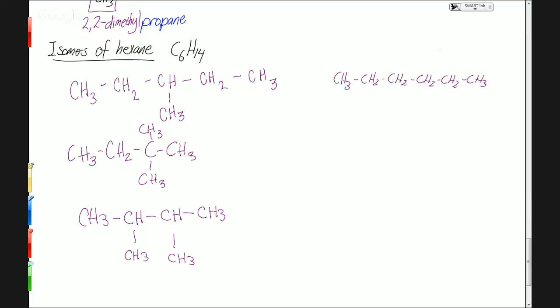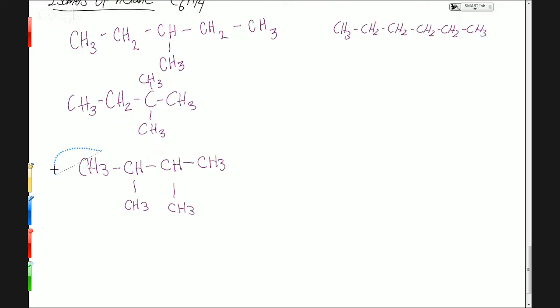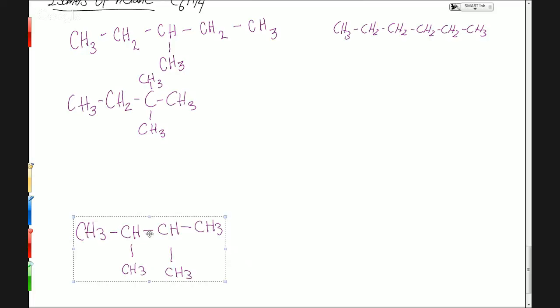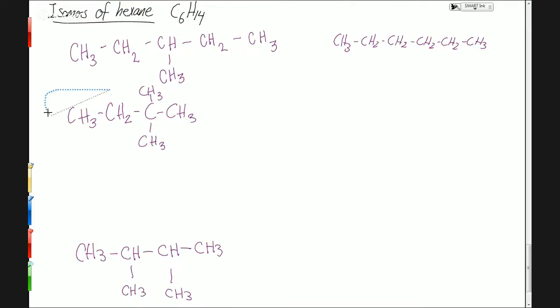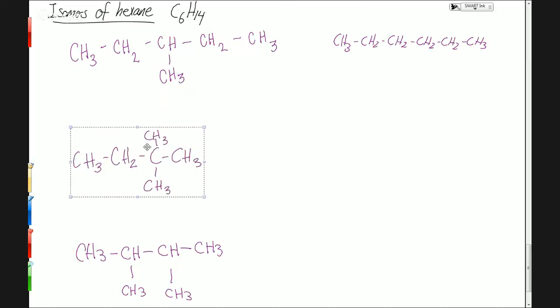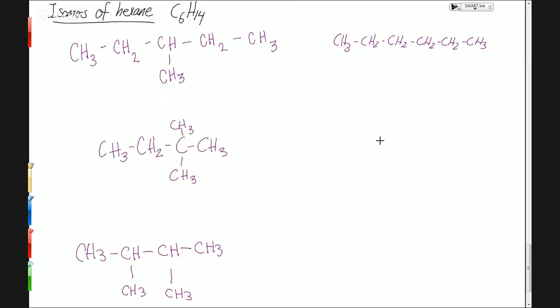Do you have one that looks different from that? You do, come put it up. I'll space these out a little bit too so we can do the names. One more.